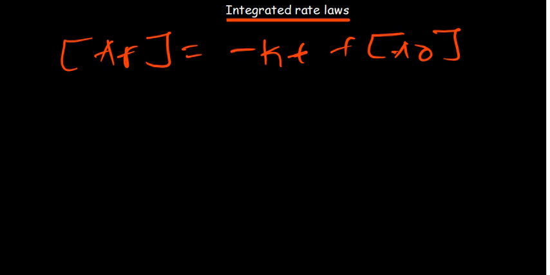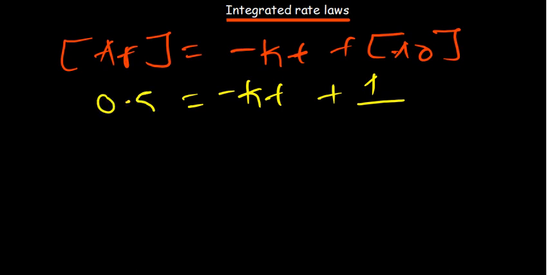So considering if your initial was, let's say, 1, that's your initial. Your final is supposed to be what? 0.5, because it's reducing to its half. The final is going to be half of the initial.